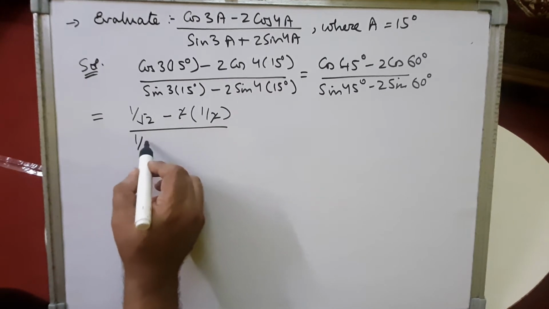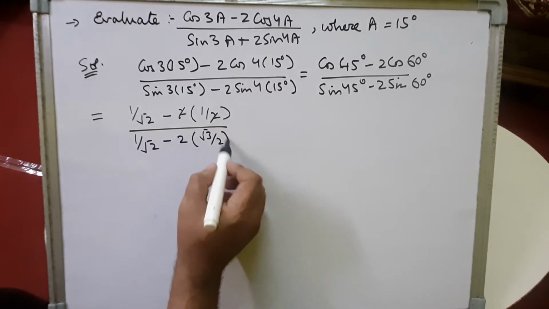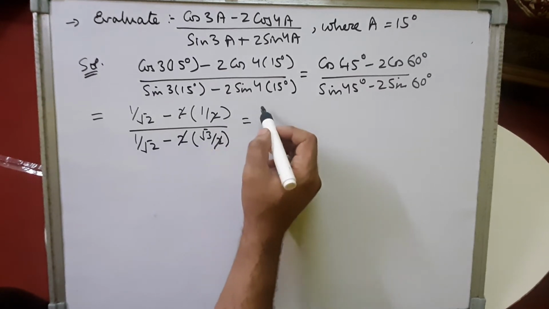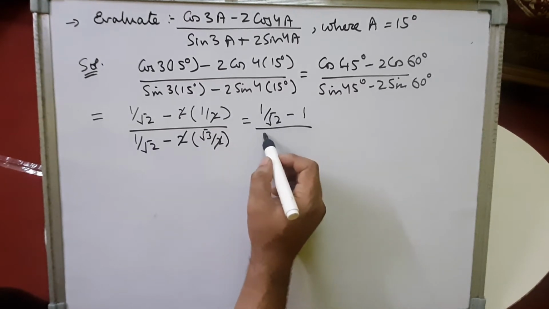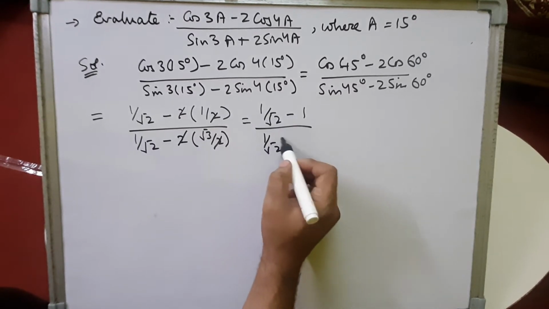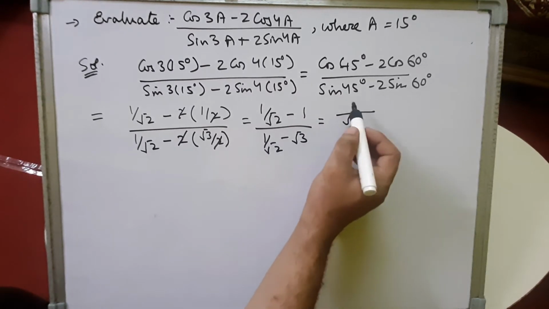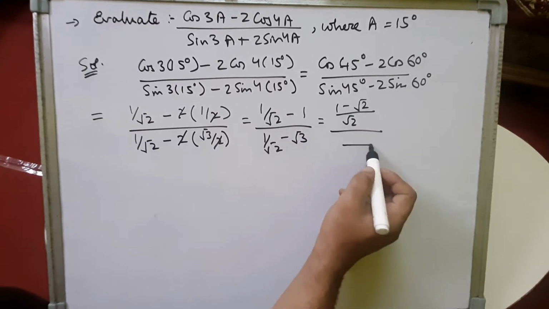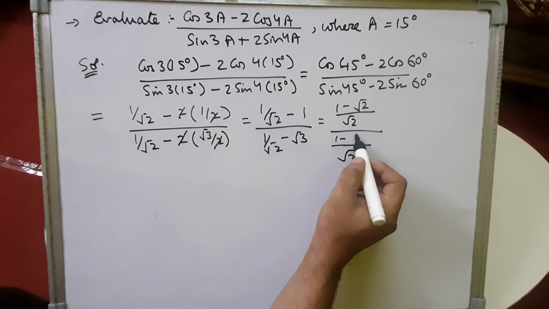Sin 45° is 1 upon root 2, minus sin 60° which is root 3 by 2, so again this 2 and 2 will get cancelled. So in the numerator we will get 1 upon root 2 minus 1, and in the denominator 1 upon root 2 minus root 3.